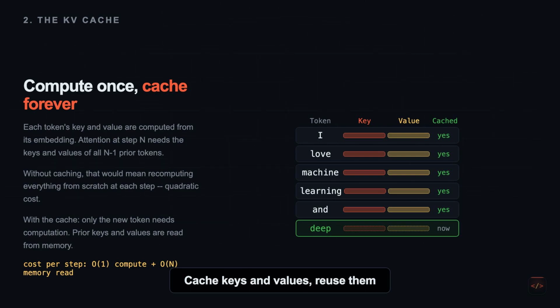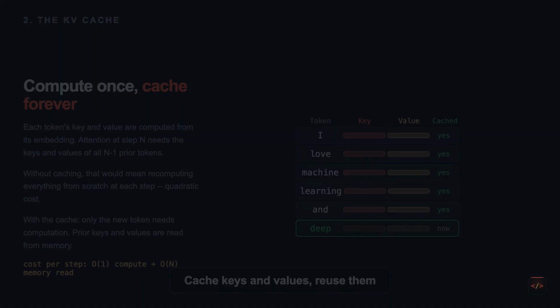So instead, the model computes each token's key and value once and stores them. Each new step only computes a new token and reuses everything cached. This turns generation from quadratic recomputation into a cheap incremental step. The KV cache is what makes token by token generation practical at all.